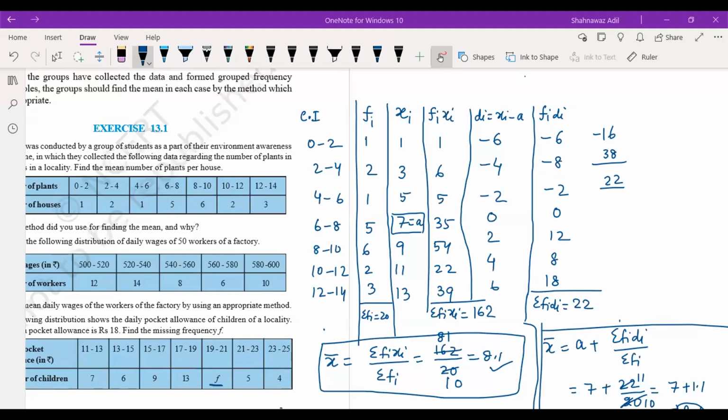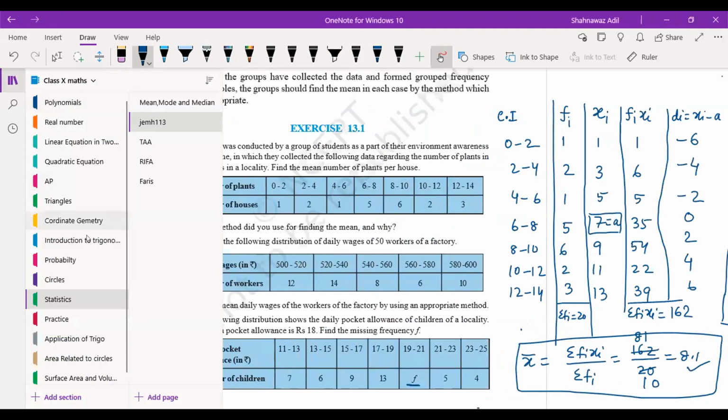Okay, so let me share my screen. We have completed that triangles chapter, right? And that last question was a troubling one. Did you go through that question again?